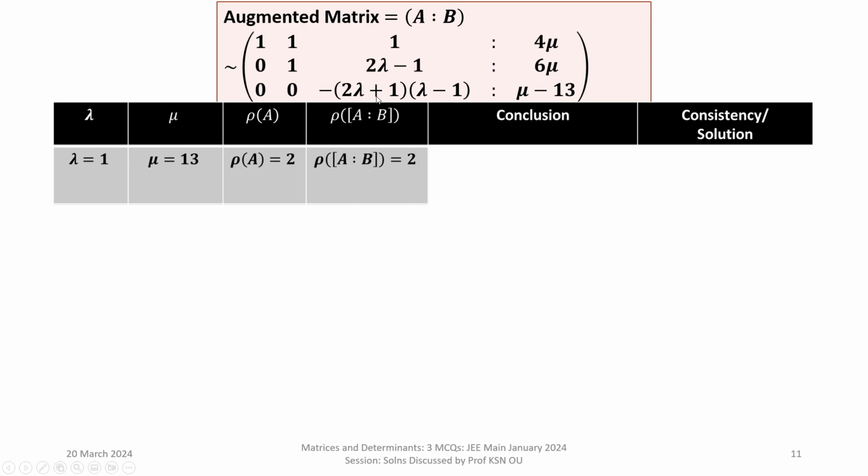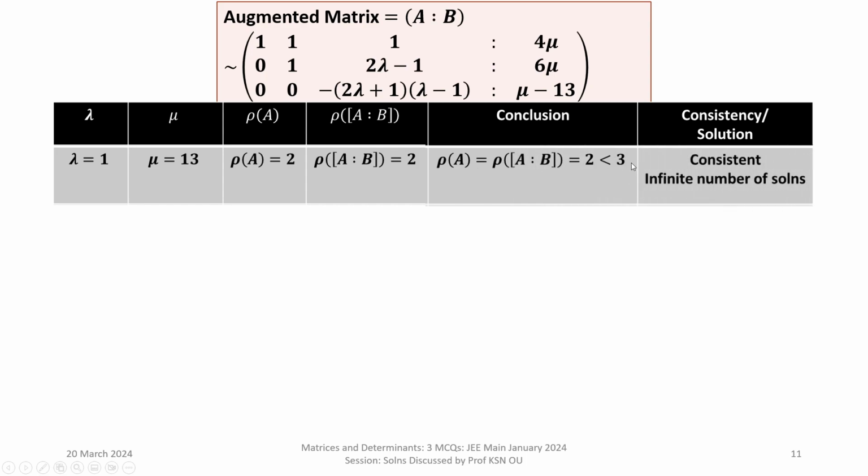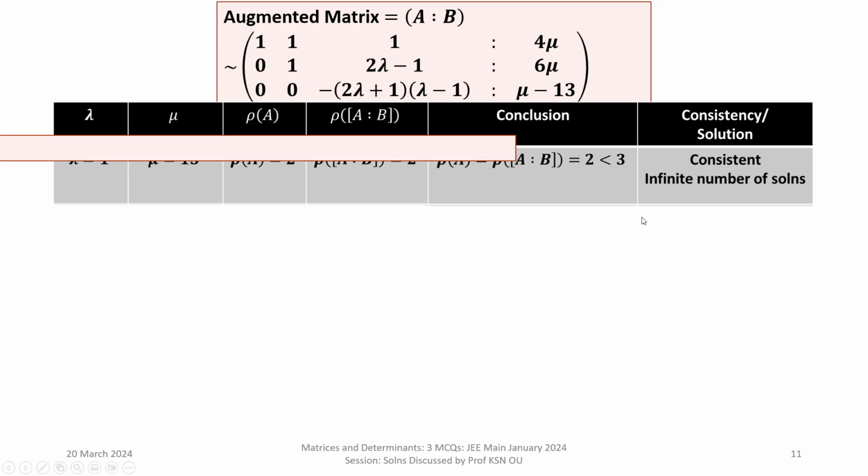The rank of the augmented matrix is also 2. They are equal, so the conclusion is consistent. But they are equal to 2, and 2 is less than 3, the number of unknowns. So it has infinite number of solutions.